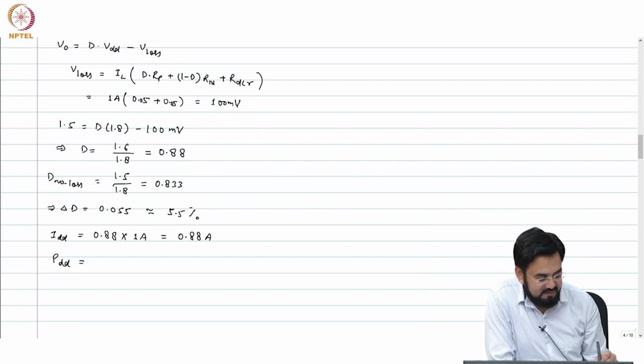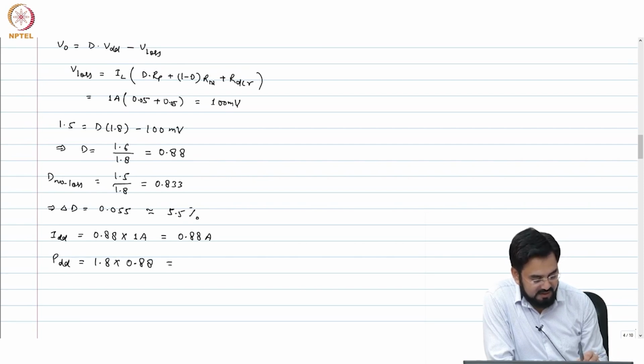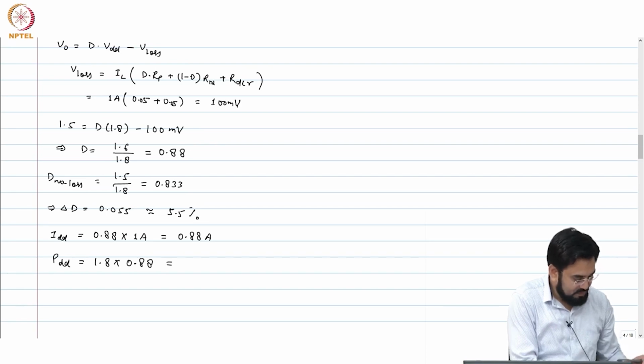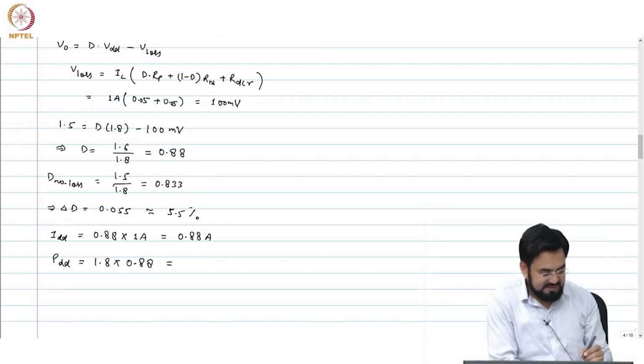PDD 1.8 multiplied by 0.88. How much is this? 1.8, 1.6, huh?